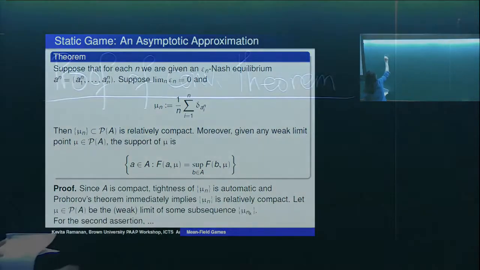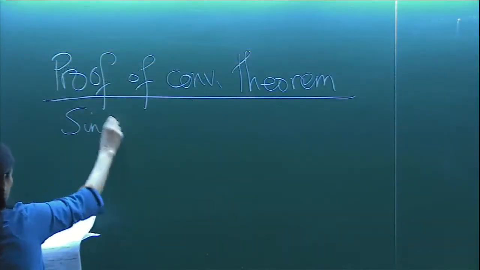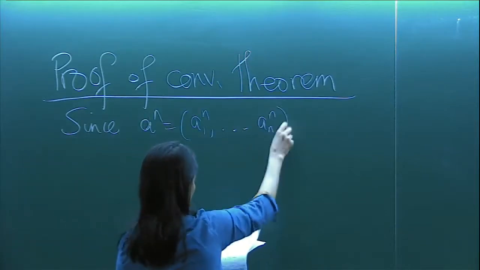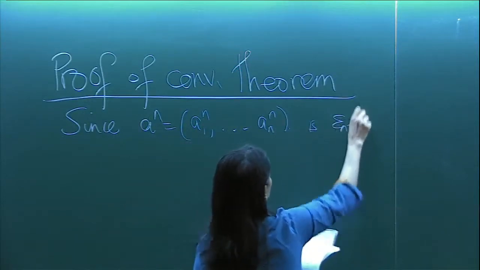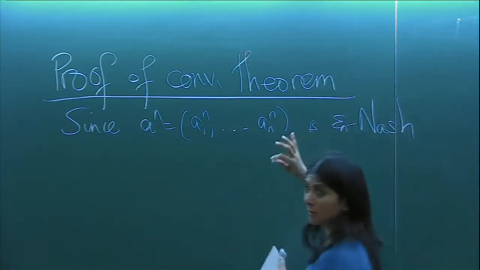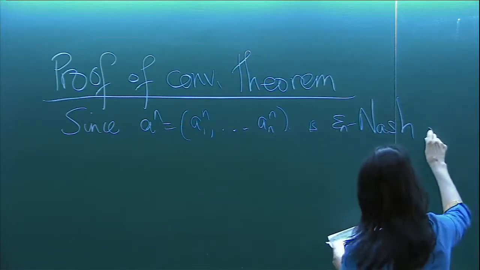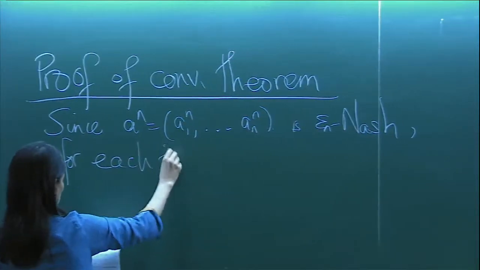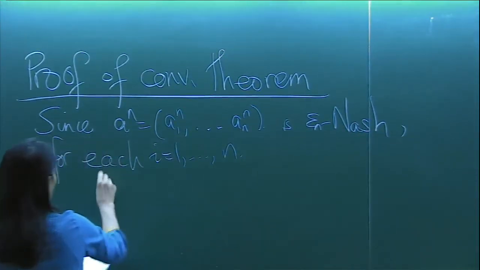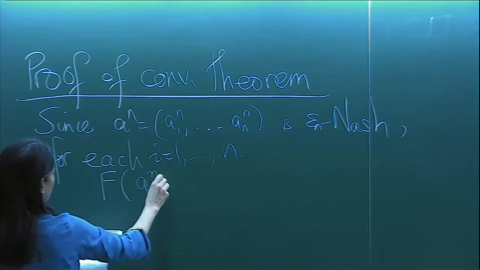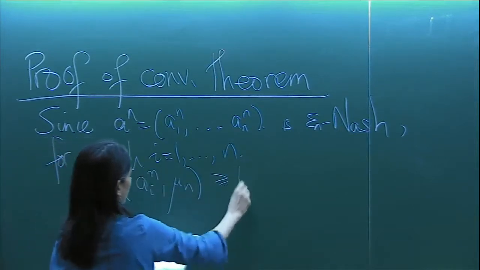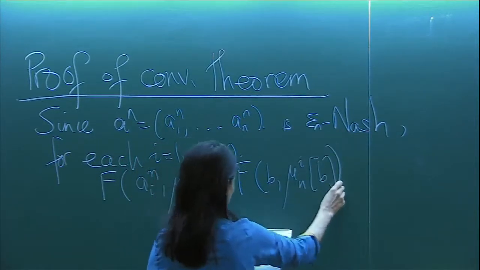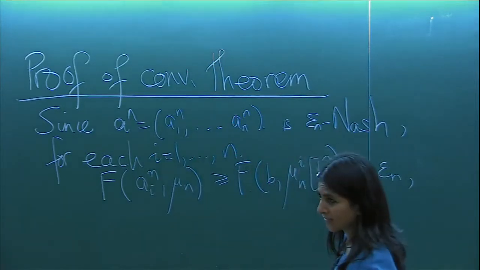Okay, so proof. Let's say an, which is a1 to an, is epsilon n Nash. Can everybody see? Is it clear? Then for each i equals 1 to n, you have f of ain, mu n is greater than, of course, f of b, mu n ib, where I'll define this, but you know what this will be.